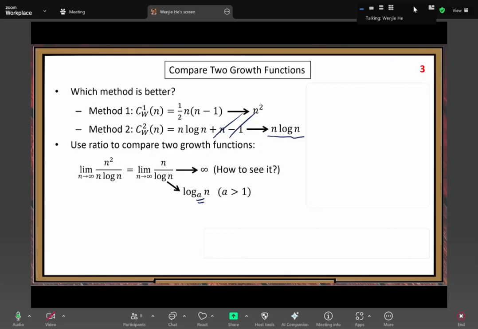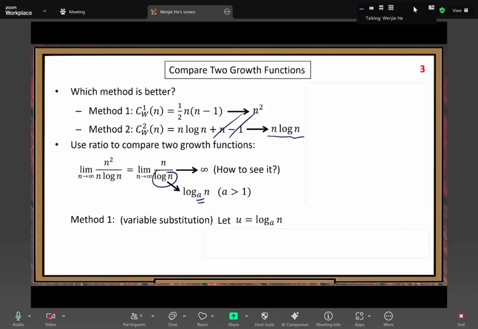First, one way to see this ratio is infinity, we can use some substitution to look at this ratio from a different angle. So we do variable substitution. Because we feel this log function is a little hard to handle, we want to use a new variable to represent it.